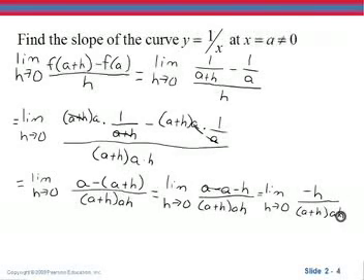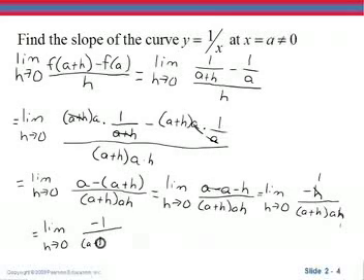Now since we have an h on top and bottom, we can cancel those. That will leave us with the limit as h approaches 0 of negative 1 in the numerator and a plus h times a in the denominator. Now we are at a fraction that is not undefined for h equals 0.